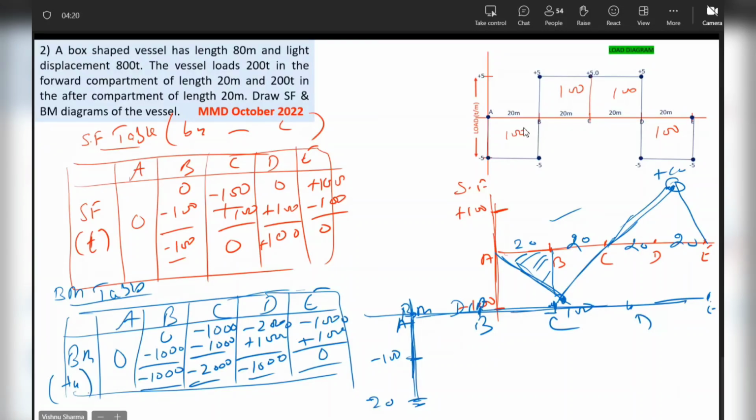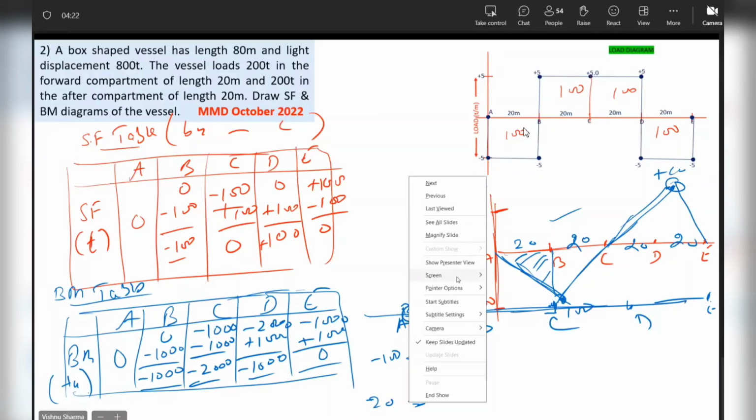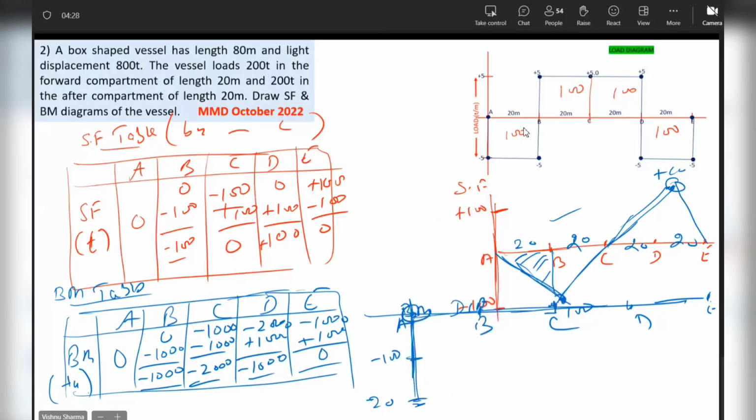Let me change to red marker or green marker rather. A, it is 0. B, it is minus 1000. C, it is minus 2000. D, it is 1000. And E, it is 1000. These are the points.